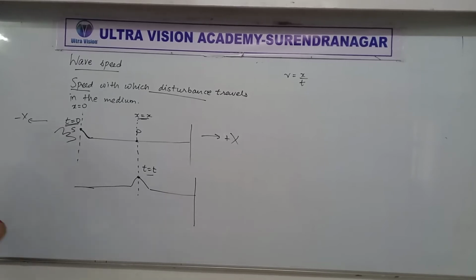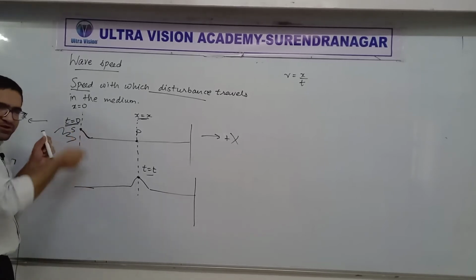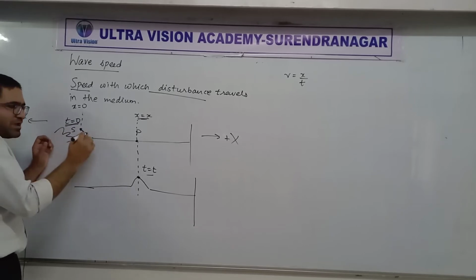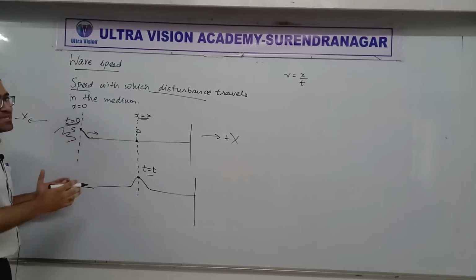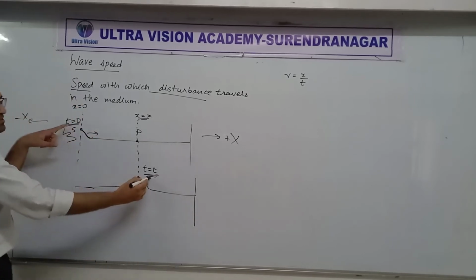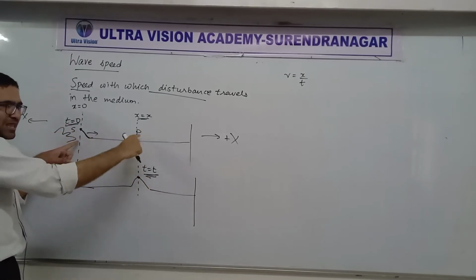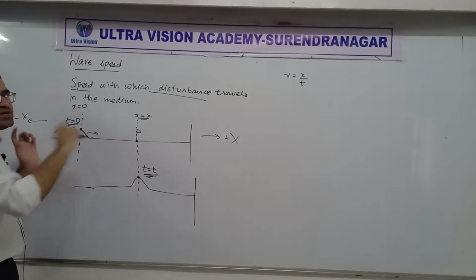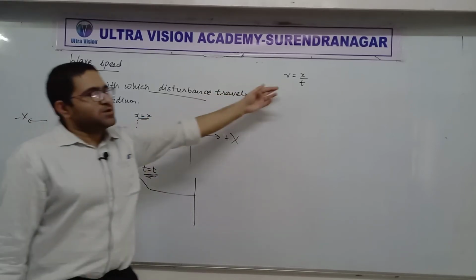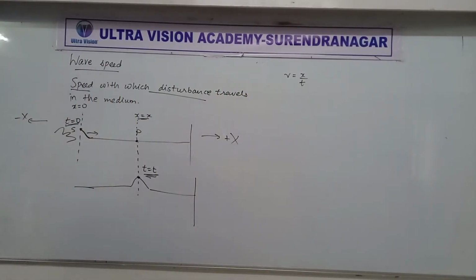Again, what that means is that this disturbance that you created here is moving towards the right side. And we see that in a time interval 0 to t, that is t, it travels a distance x along this medium. Clear? When you move this up, it will move the source particle upwards, correct?